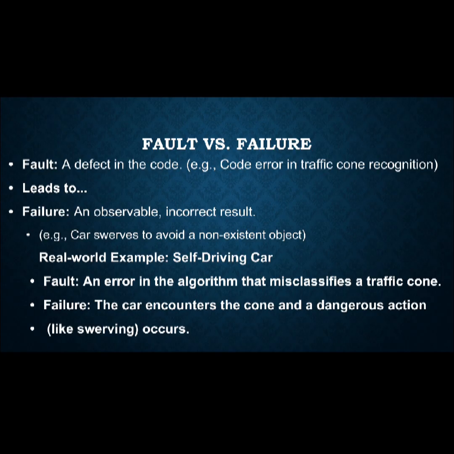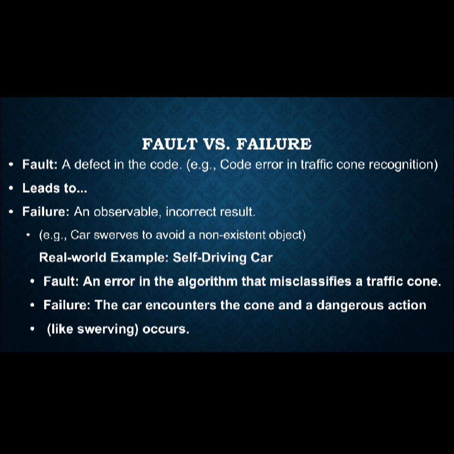Let's apply this to the real world using the simple example of self-driving car navigation software. The fault is that a developer makes a small coding error that causes the car's object recognition system to misclassify a traffic cone. This misclassification is the fault. It's the latent defect in the code.